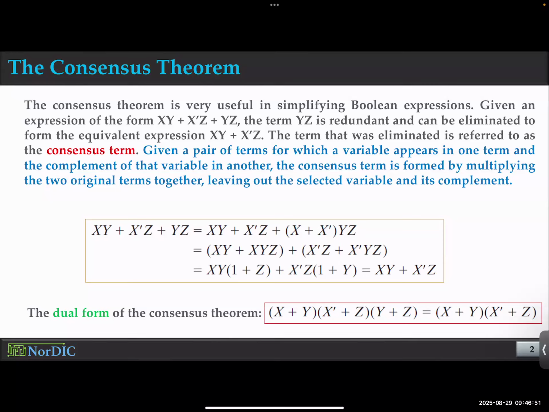I will start with the example first, and that simplifies it. Just look at what we have here: xy plus x prime z plus yz. Just observe something, all right? Notice. And then apparently, I optimize this to have only 2 terms.